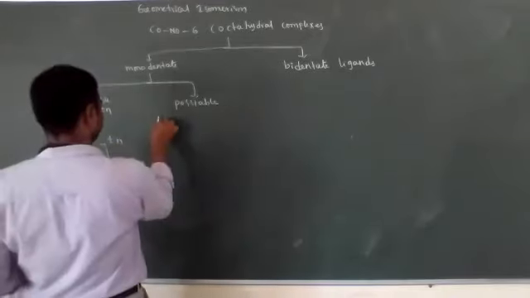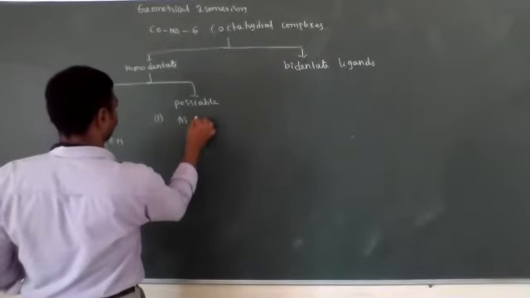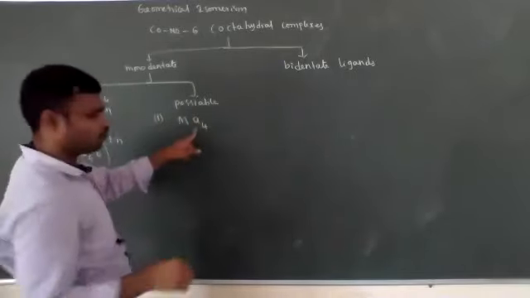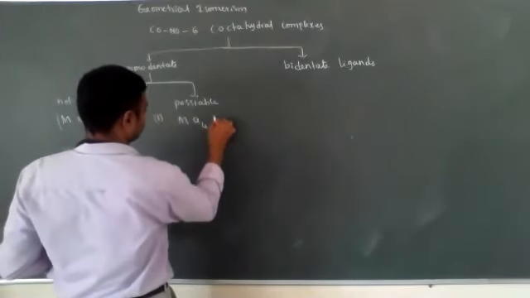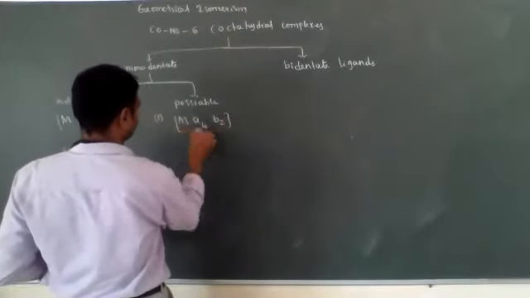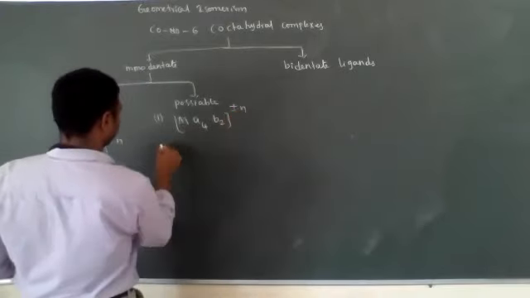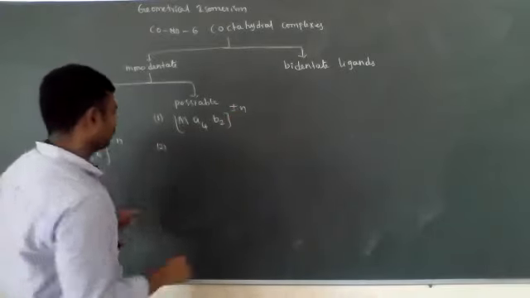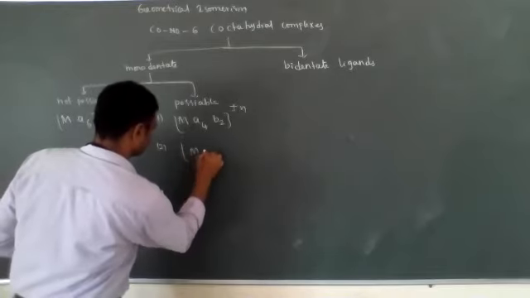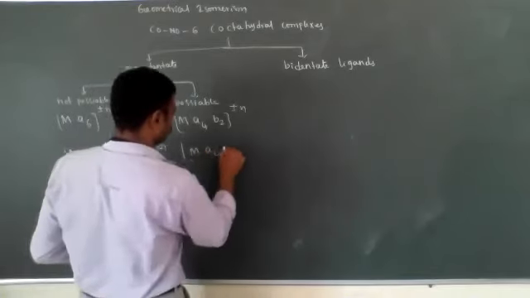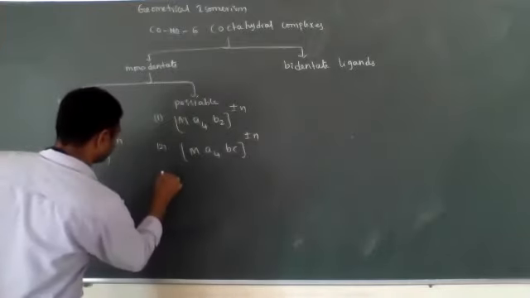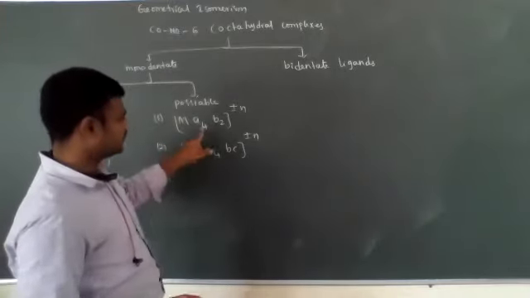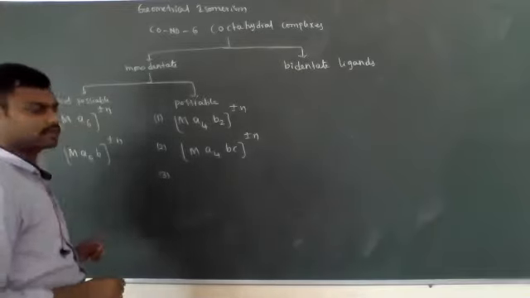Now let's see. MA4B2, where 4 are the same, exhibits geometrical isomerism. MA4BC also exhibits geometrical isomerism. They show cis and trans geometrical isomers.